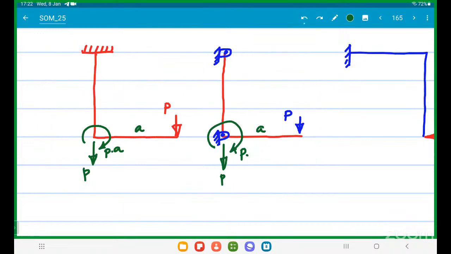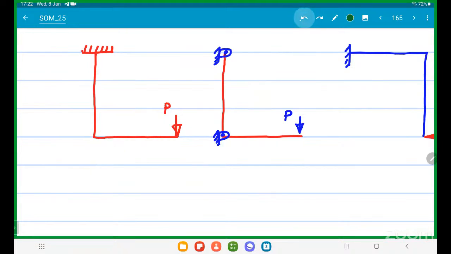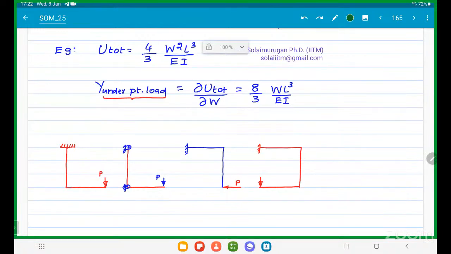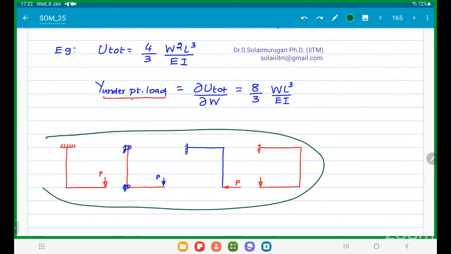See these diagrams. For this kind of diagrams, all are already asked cases. Yes, they neglected the effect of axial load in the vertical member.